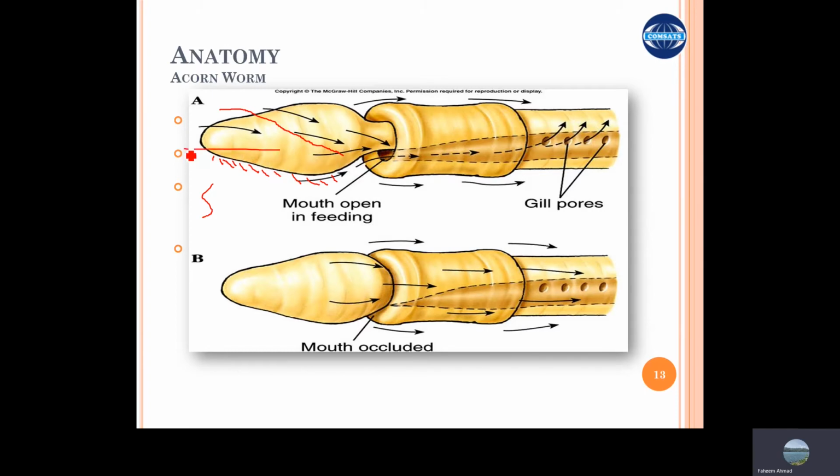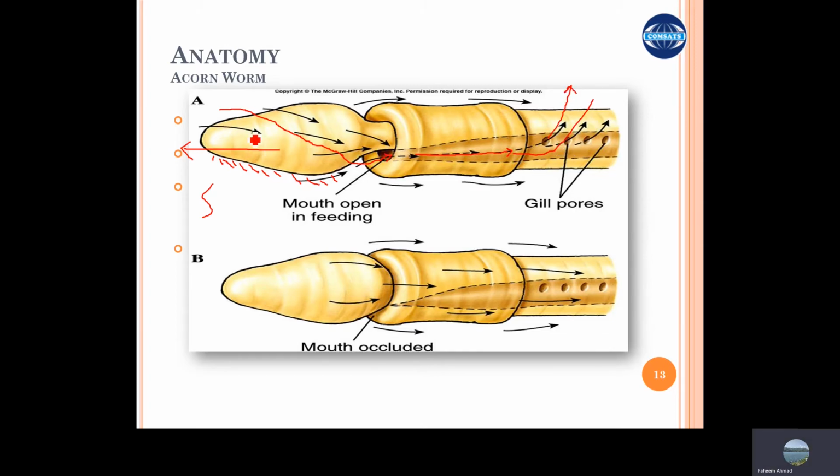Once the proboscis moves out due to the circular and longitudinal muscles, the mouth becomes open, and the water which is passing along the body can go inside the buccal cavity, pass through the collar region, right, and come out from these pharyngeal pores, right?